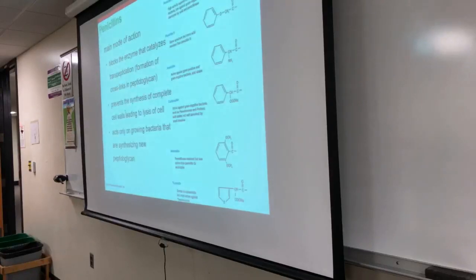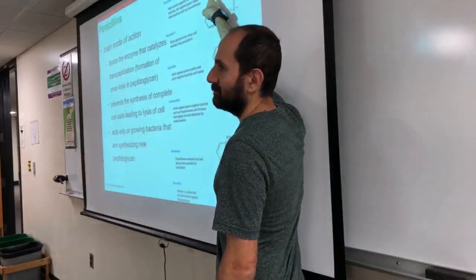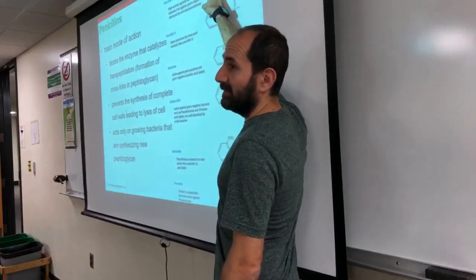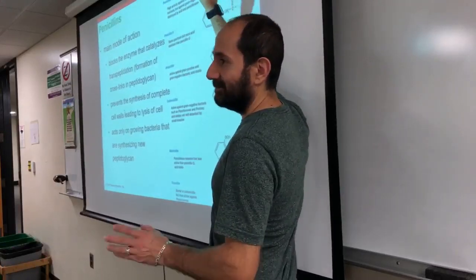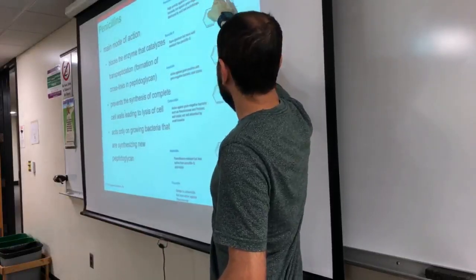And what else do I want to know about penicillins? You don't need to know all the different penicillin types. It's good to know, but you don't need to know it for the exam. What do you need to know? Well, first of all, penicillin has this beta-lactam ring. Remember this little ring structure? And that's a weak point for penicillin, because some bacteria can make an enzyme called beta-lactamase.